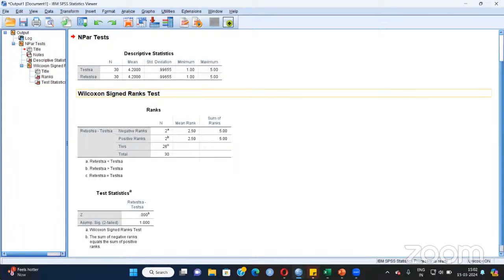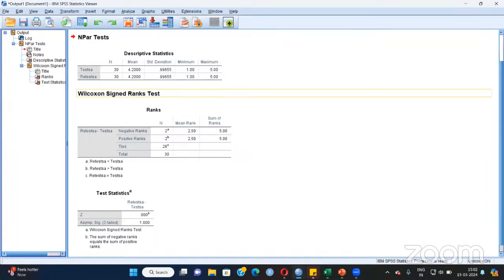And here you can find the result. The Z value is 0.00. That means there is no difference between the two sets of data. Since there is no such difference, there is no question of any significance.